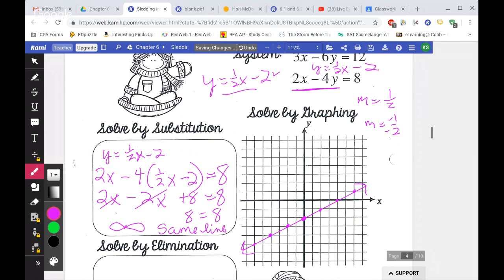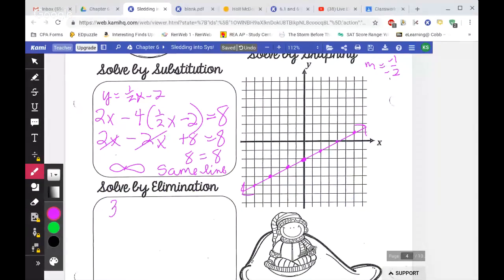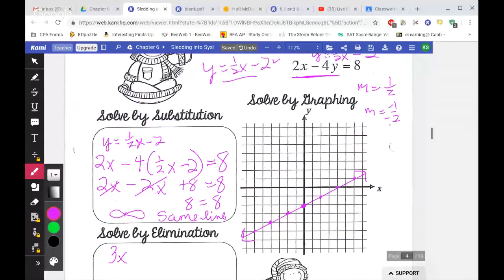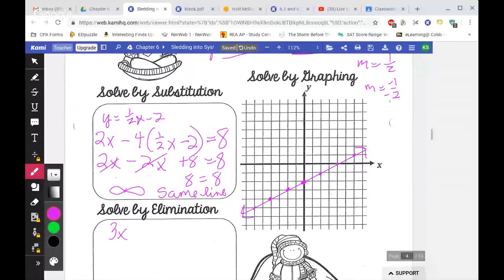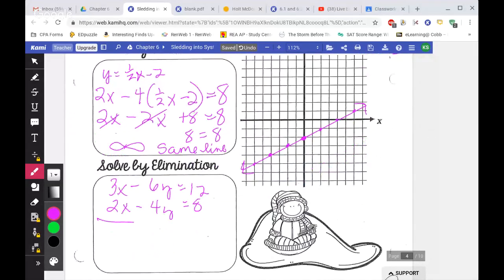And then substitution or elimination is 3x minus 6y equals 12. And then 2x minus 4y equals 8. So I'm looking for the one that has the same coefficient, and neither of them do.